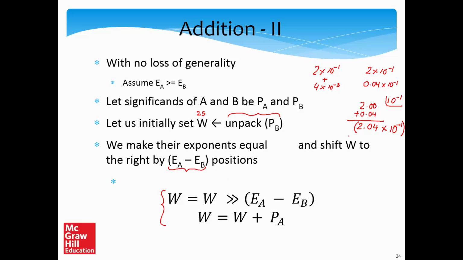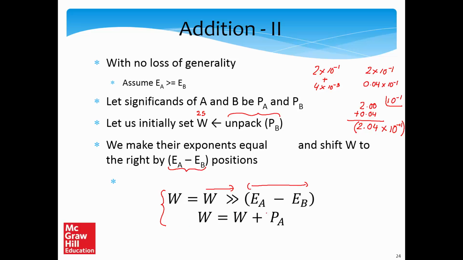So this is the first thing. In any floating point addition, we always align the decimal points. Aligning the decimal points essentially means that we make the exponents the same and write it in such a way that we can just do a normal addition. So we are doing exactly the same thing. We are setting the exponent of a and b to be the same, and we do this by right shifting w by ea minus eb positions.